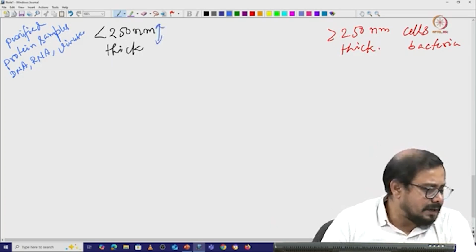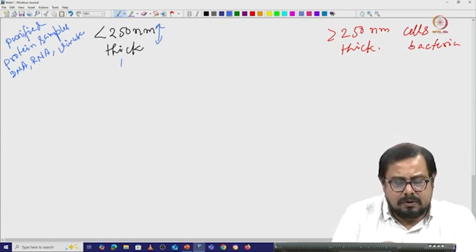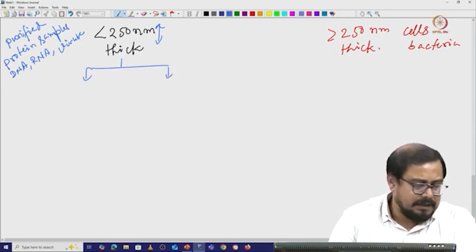So, that is the reason thickness is a very important part here. In this particular case, thickness should be less. Now, we can split this into two halves.